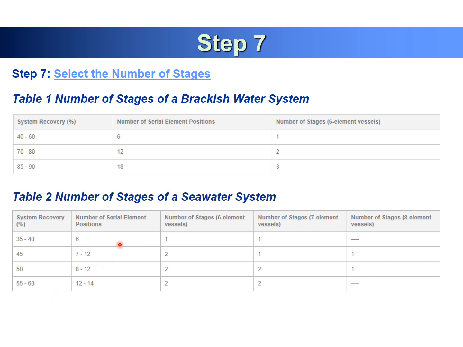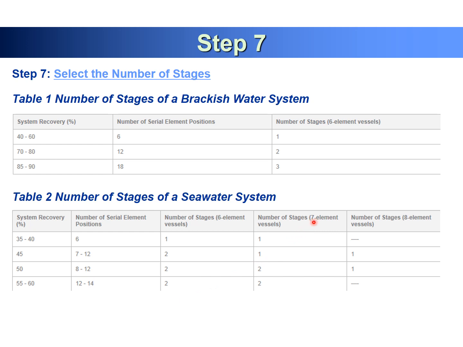The number of serial elements increases: 6, 7 to 12, 8 to 12, 12 to 14. And for the number of stages at 6-element vessels, we utilize the first stage or a maximum of two stages.